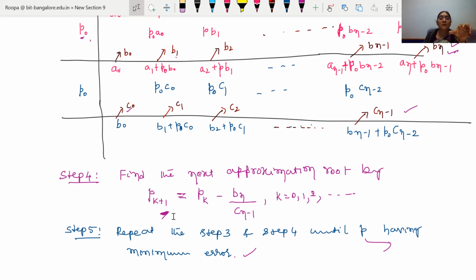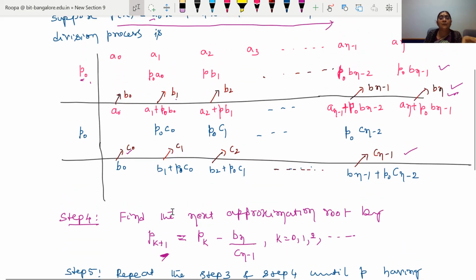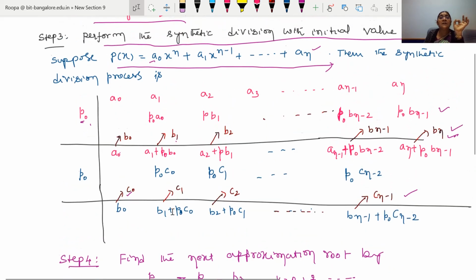Then you start the first iteration, second iteration, and repeat steps 3 and 4 until P has minimum error. Sometimes we get error 0, but sometimes as near to 0 as possible. Once we get that, that is our linear factor of the given polynomial, or one of the roots of the given polynomial with real coefficients.